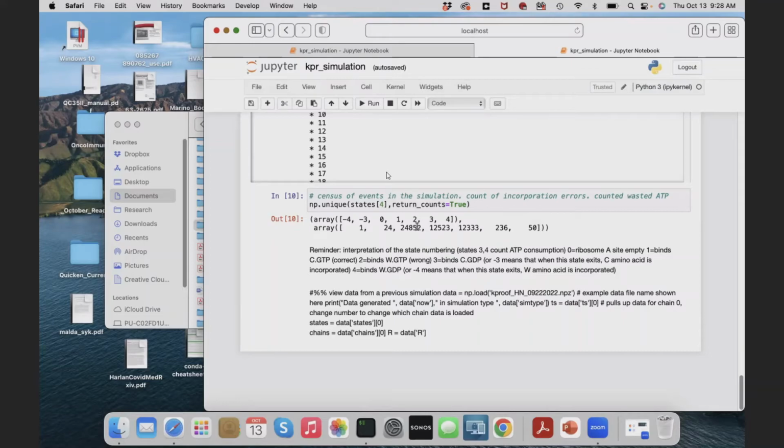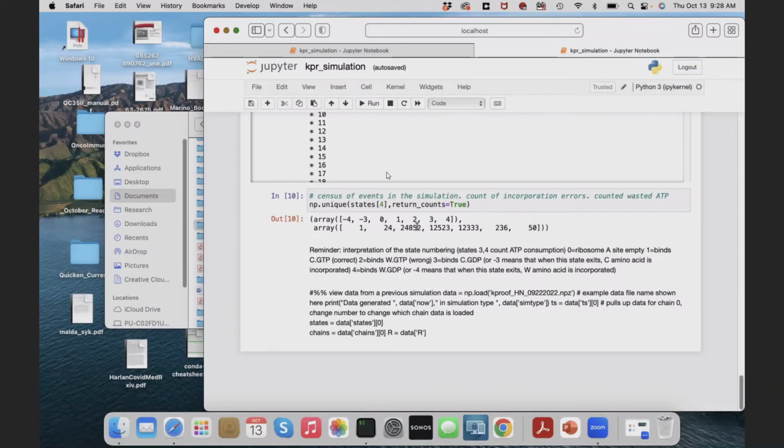It's a very important conceptual issue with many things in modern biology, and this is one conceptual path towards a solution of how you get adequate fidelity, adequate accuracy.